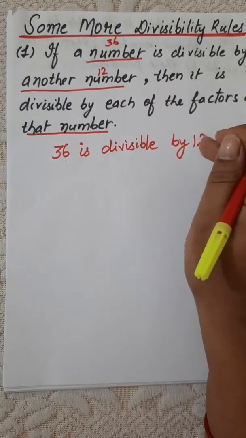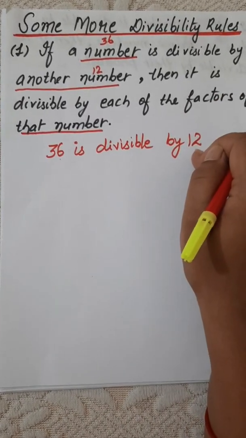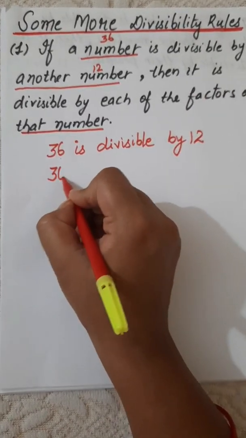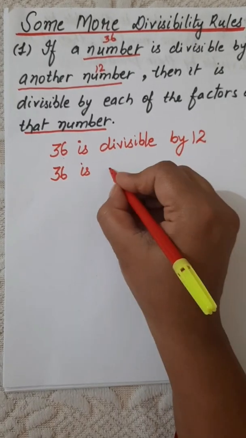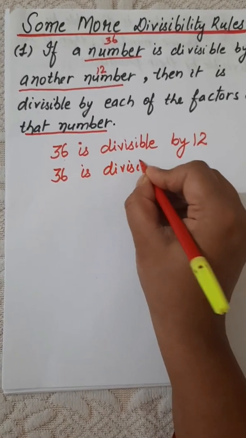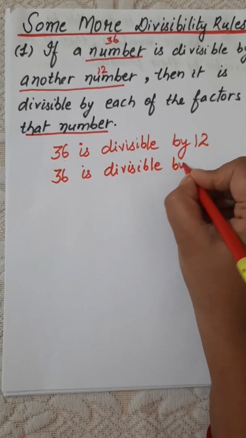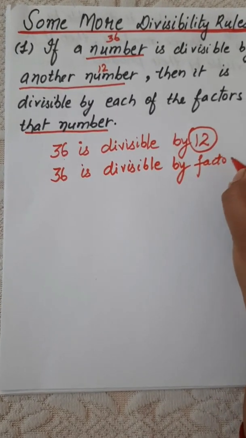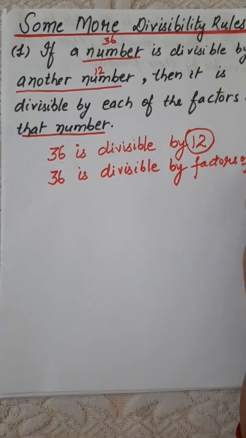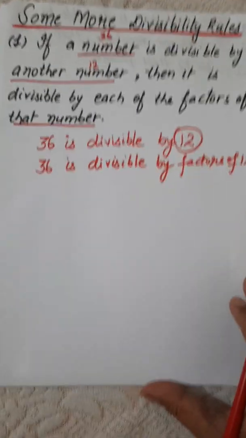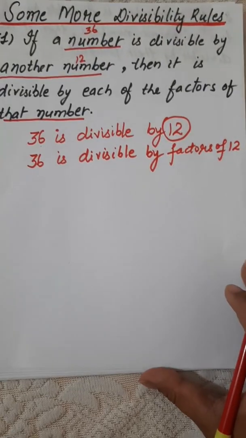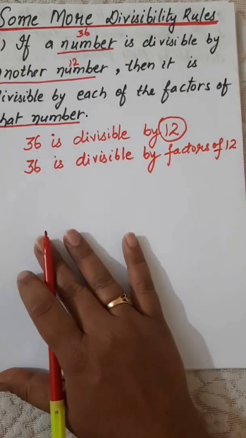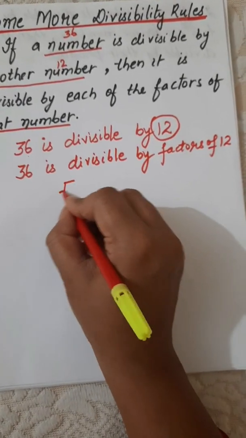So according to the rule, if 36 is divisible by 12, then 36 is also divisible by the factors of 12, whatever the factors of 12 are. So let's find the factors of 12.